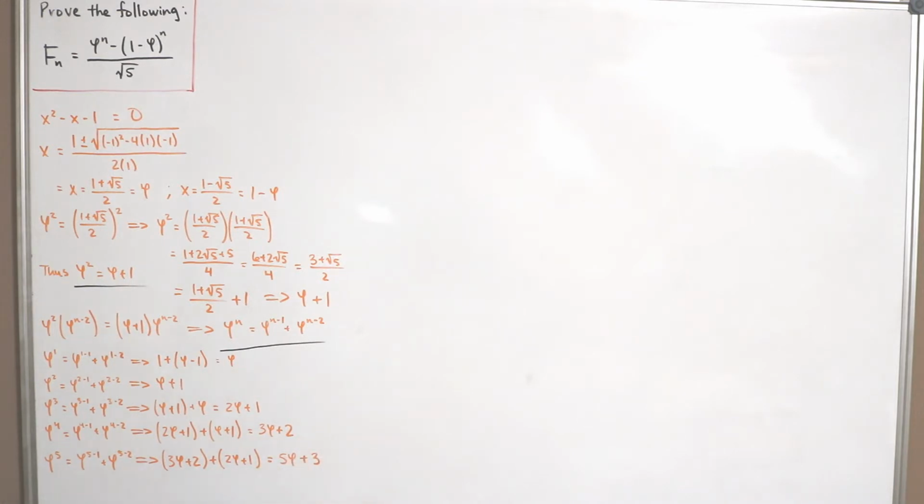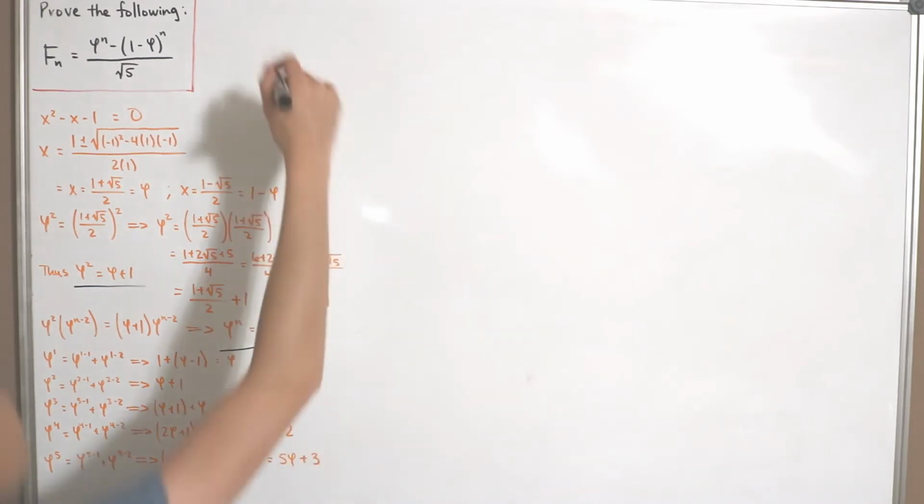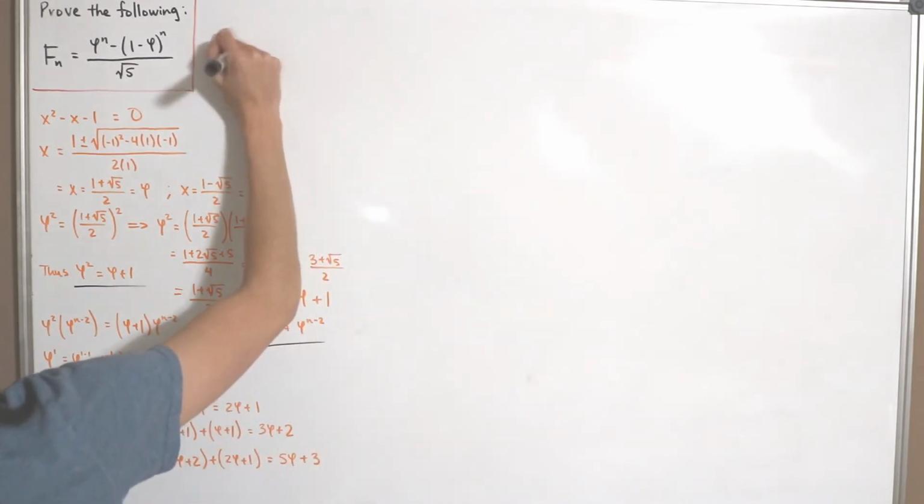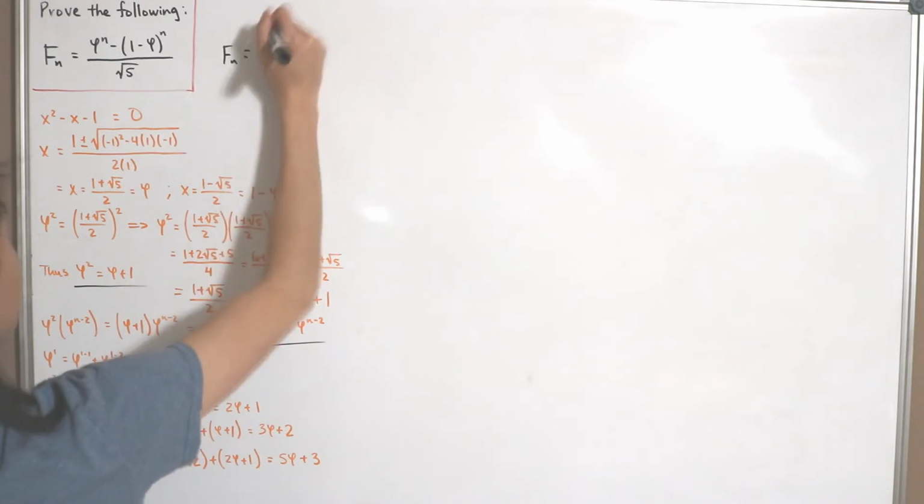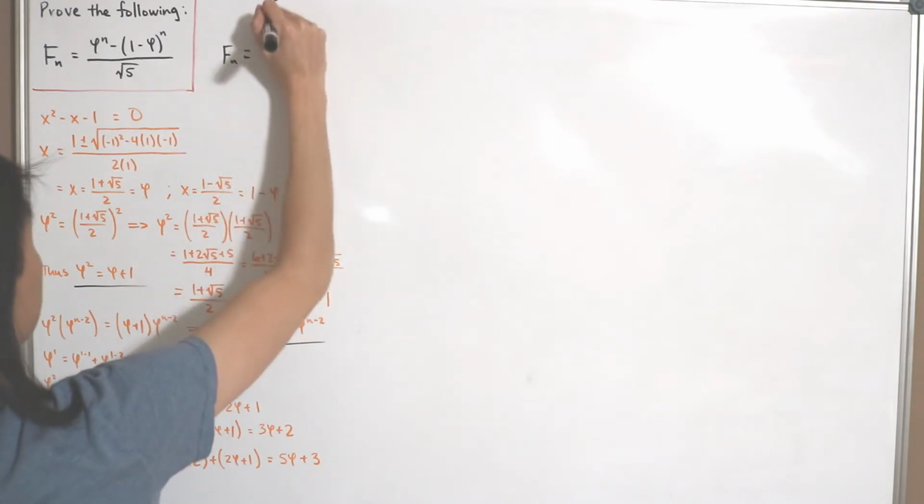Now, that's nice and all. Let's recall the definition of the Fibonacci sequence for the nth term. The Fibonacci numbers are defined as follows. We actually have 4 different cases.